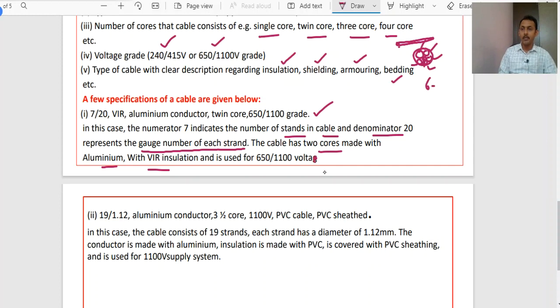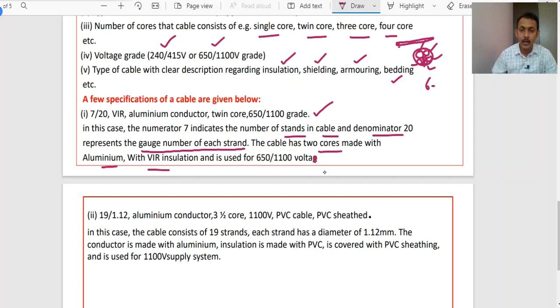That is the voltage level. So like this you have to understand the specifications: the numerator indicates the number of strands, the denominator indicates the diameter of each strand or cross section, then VIR insulation, the conducting material, how many cores there are, and the voltage level at which it will operate.